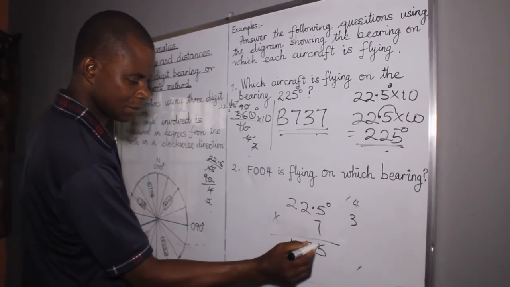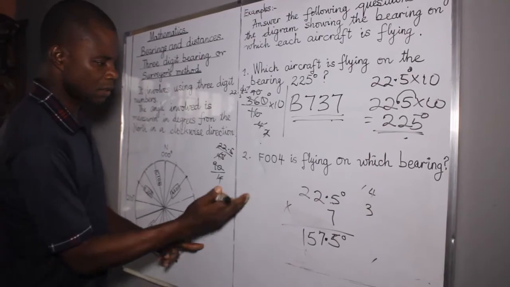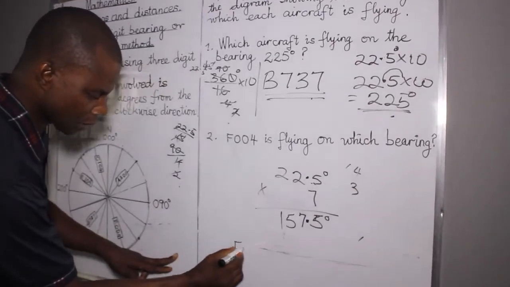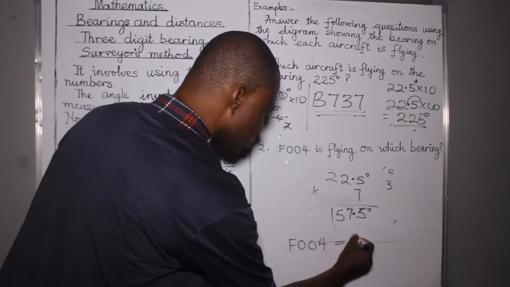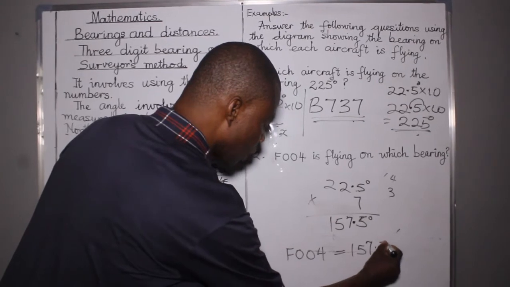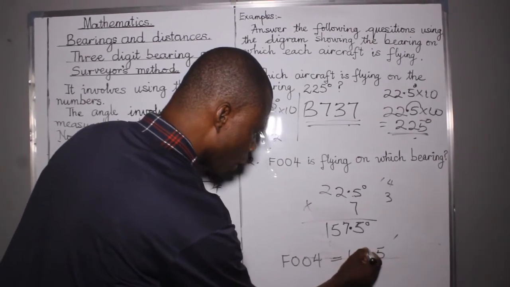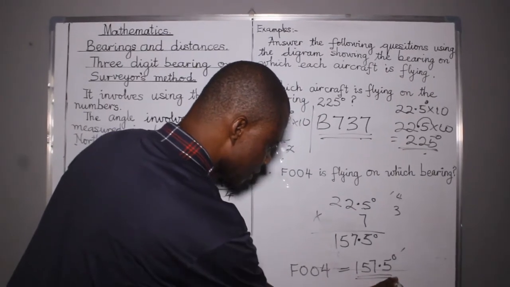So you bring down the decimal point. Degrees. Which means F004 is flying on 157.5 degrees, and that is the final answer.